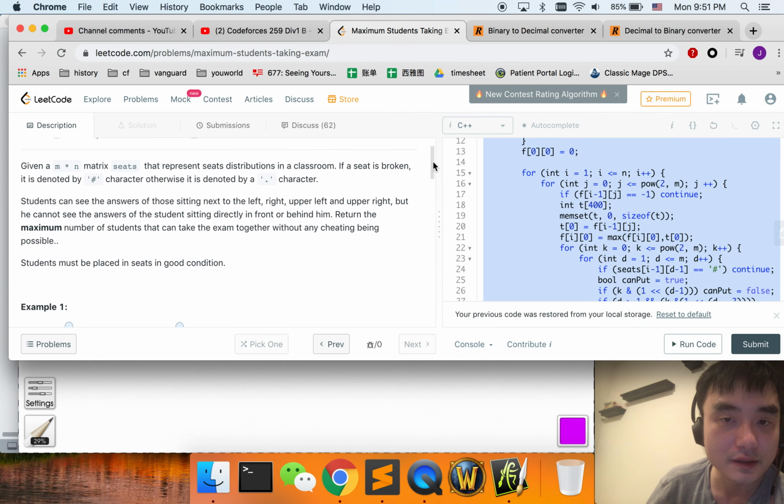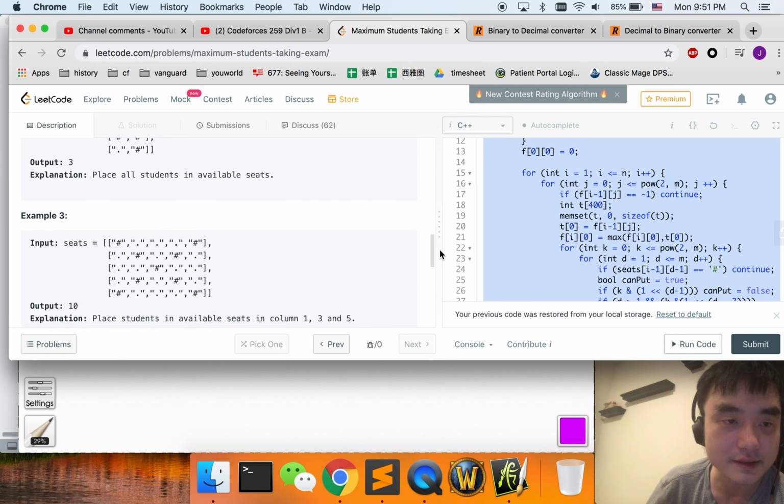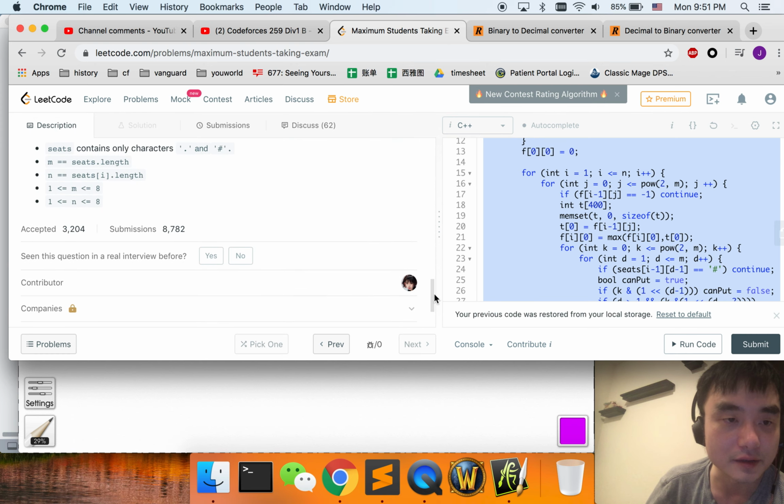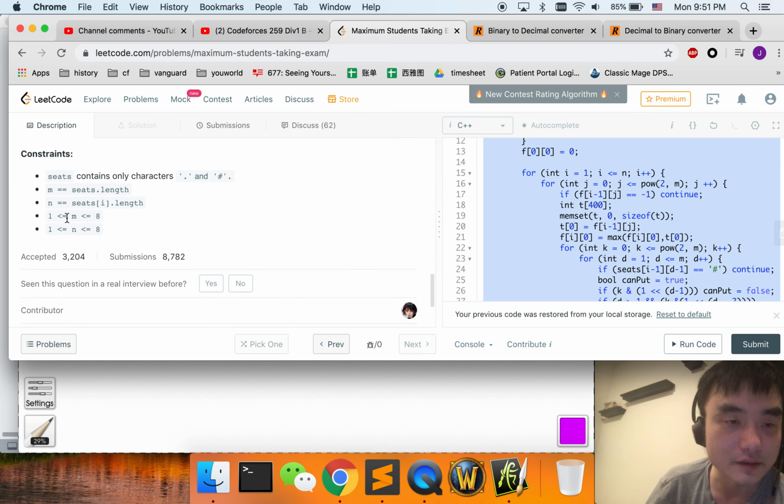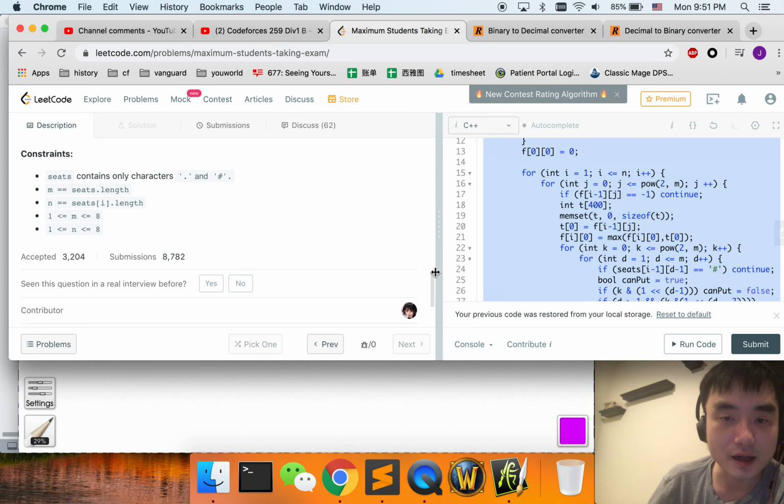So let's first take a look at the scale of this problem. So there are at most 8 rows and 8 columns. It's quite a small number, right?